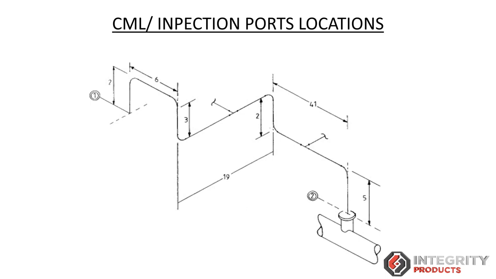But it's very specific to the asset owner and the history of their plant and what they've seen, because for the most part they also want a certain number that are randomly installed, just so you're getting a good random sample of the condition of the pipe at that specific location. Exactly, and it also depends on what type of corrosion, whether it's general corrosion or localized corrosion. These two factors can definitely impact the location as well as the number of inspection ports, and also definitely the budget kept for the asset integrity program.